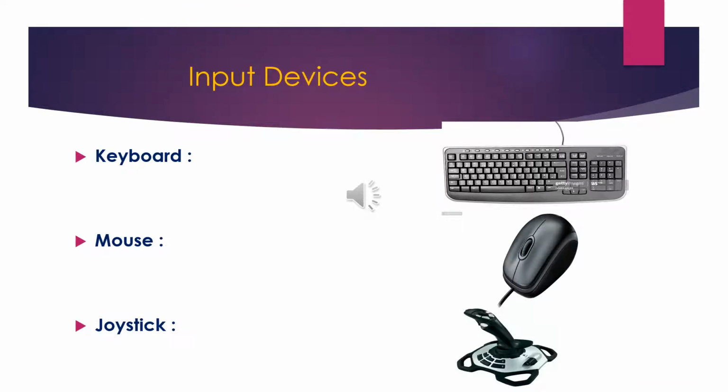So, first we need to know what are input devices. Input devices are used to enter data or information into the computer. Some of the commonly used input devices are, the first one you can see in the picture is a keyboard. So what do we use a keyboard for?